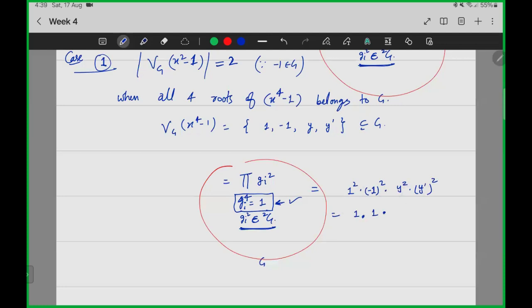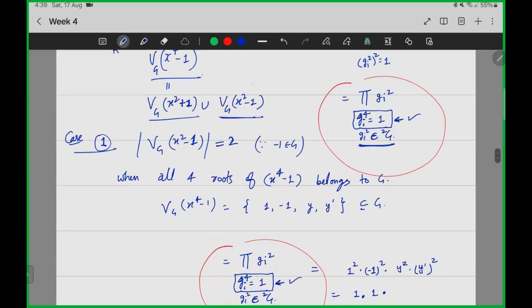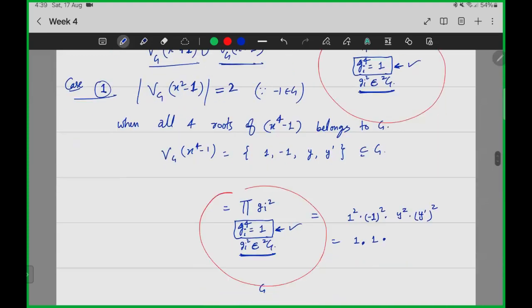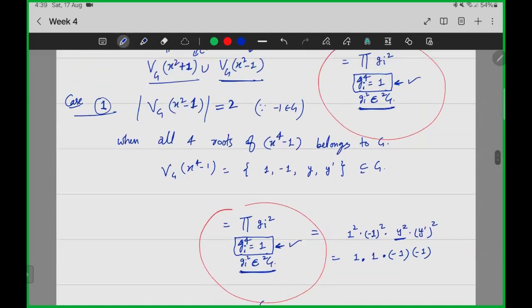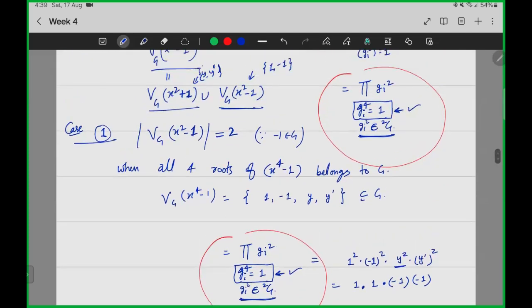Note that 1 and minus 1 are roots of this, right? Yes. So y and y prime should be roots of this, correct? So y square becomes minus 1. y prime square also becomes minus 1. Is this clear?